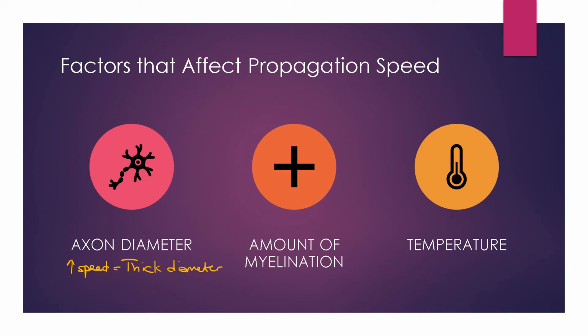The amount of myelination also affects propagation speed greatly because, like we just learned, action potentials will propagate more rapidly along myelinated axons than unmyelinated ones. So if we have more myelin, this is going to be an increase in propagation speed.